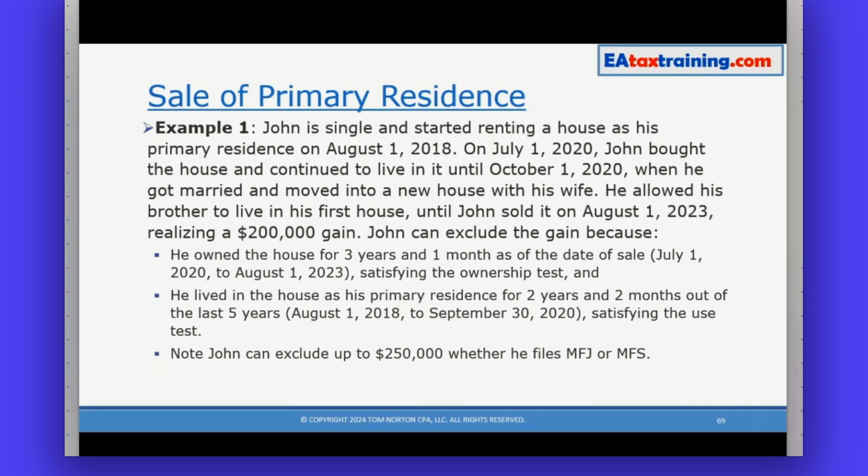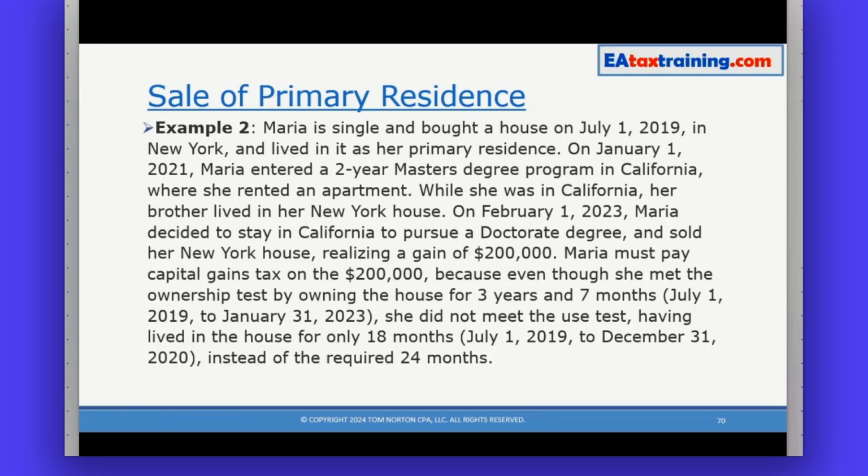They got married and moved into a new house. He moved in with his wife, and there's nothing to tell us that his wife lived with him prior. So assuming she didn't live with him in the old house prior, then he could only exclude $250,000 of gain. He does not get to double that to $500,000. In our particular example, it doesn't matter because his gain was only $200,000 anyway. But that's the way those rules work.